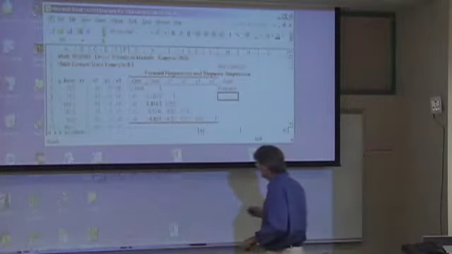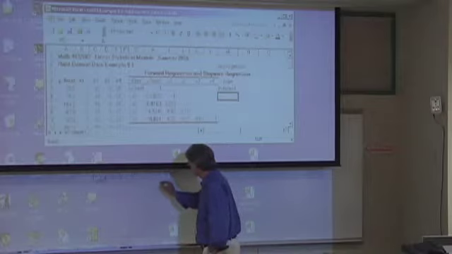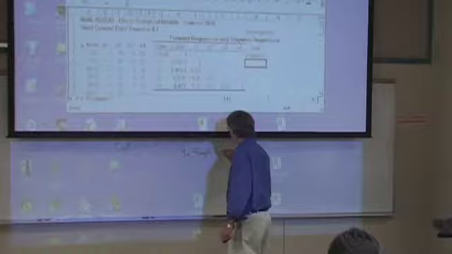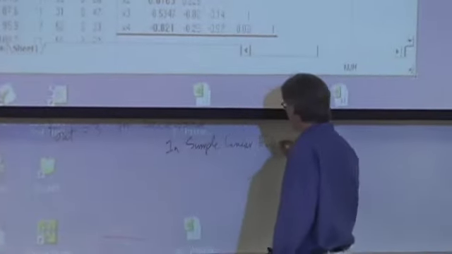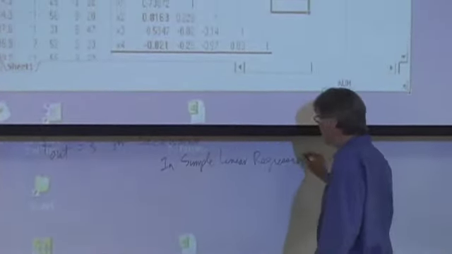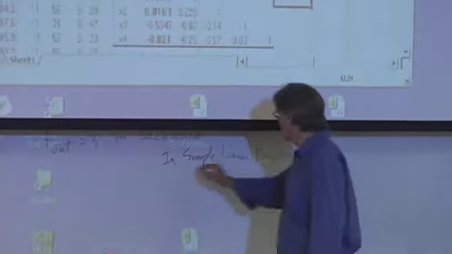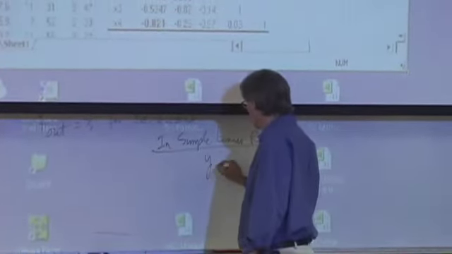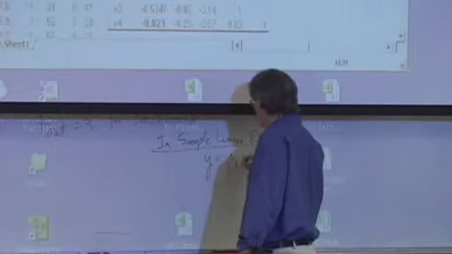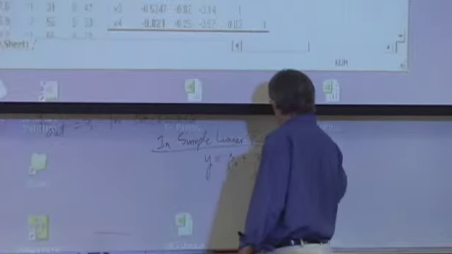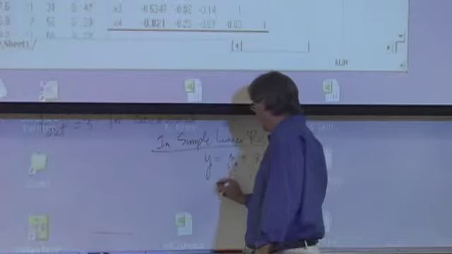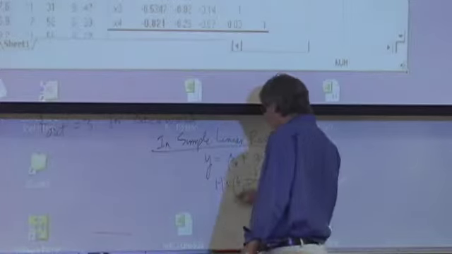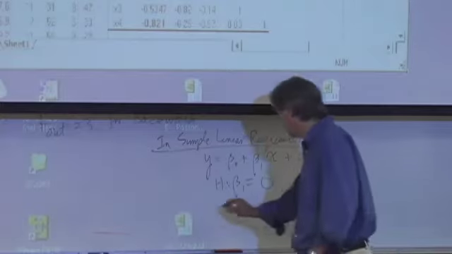the formula is in simple linear regression, which is all I would be considering if I'm only going to consider one regressor, right? I have y equals beta 0 plus beta 1 x plus epsilon. Okay. If I now take the hypothesis that beta 1 is equal to 0, what's the t-statistic?